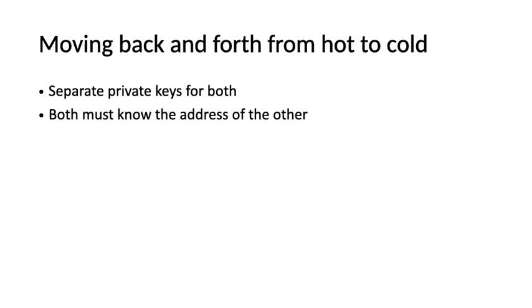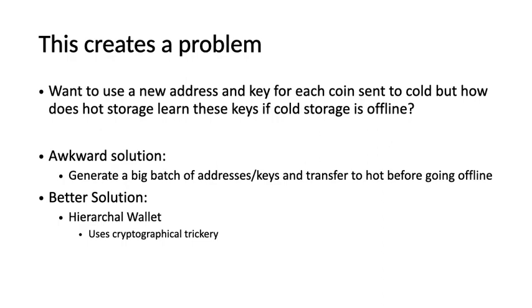When you are moving back and forth from hot to cold, as we mentioned earlier, there are going to be separate private keys for both. Both the hot and cold must know the address for the other. Now, as I mentioned, hot storage can send coins to cold storage even when the cold storage is offline.